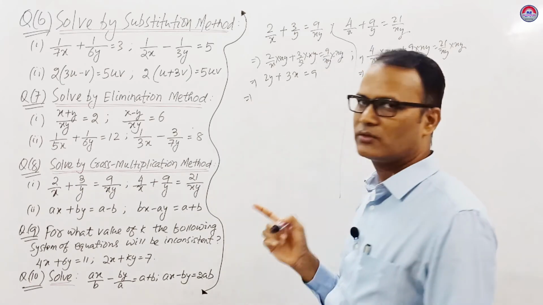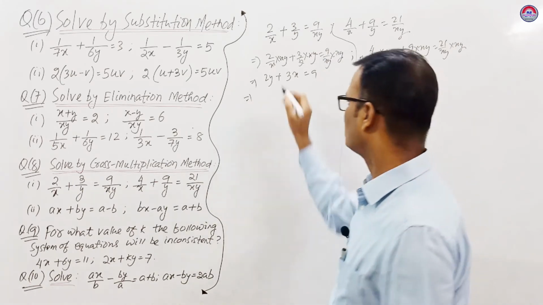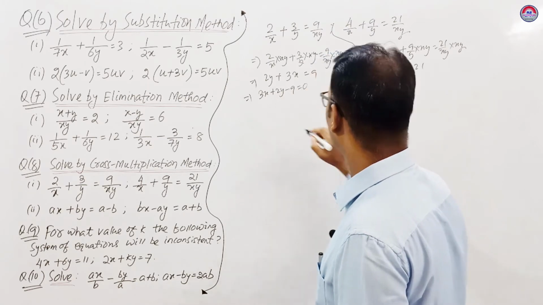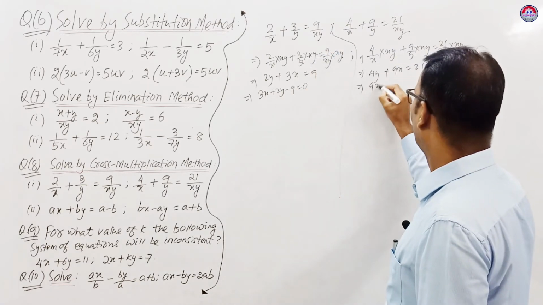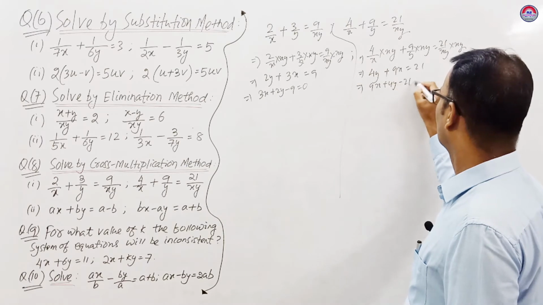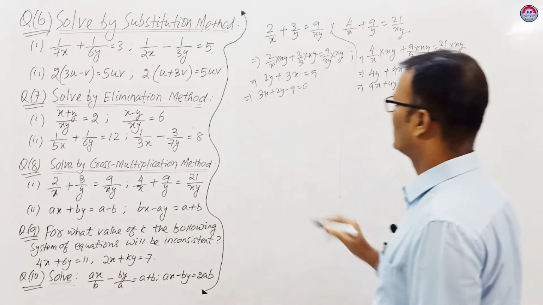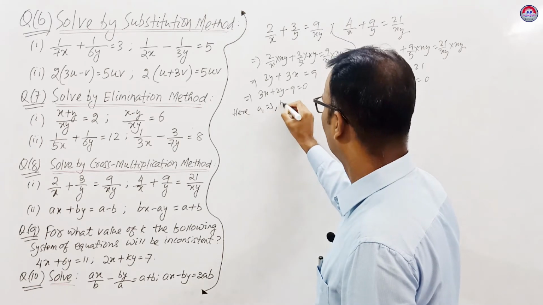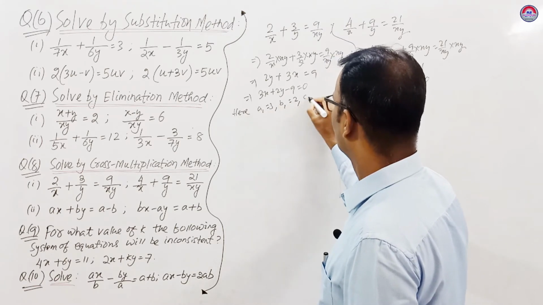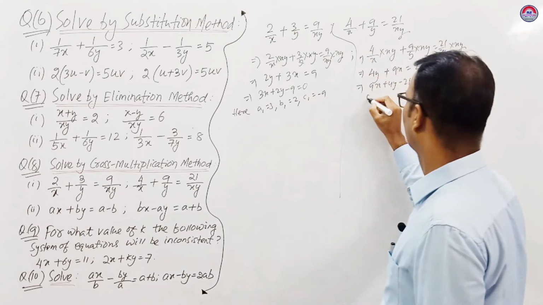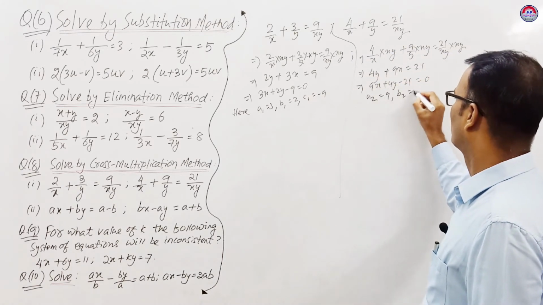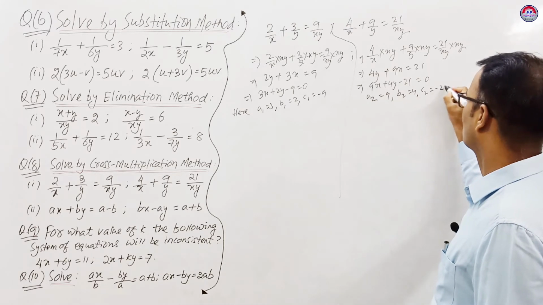First write the formula: a1x plus b1y plus c1 equal to 0. So 3x plus 2y minus 9 equal to 0. The equation will be 9x plus 4y minus 21 equal to 0. Here see, a1 equal to 3, b1 equal to 2, c1 equal to minus 9. Similarly a2 here is 9, b2 equal to 4 and c2 equal to minus 21.